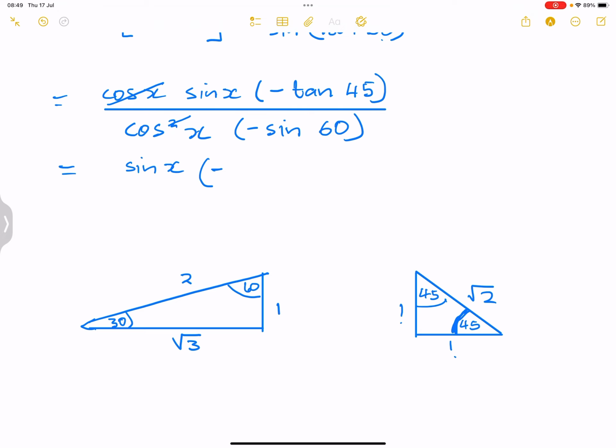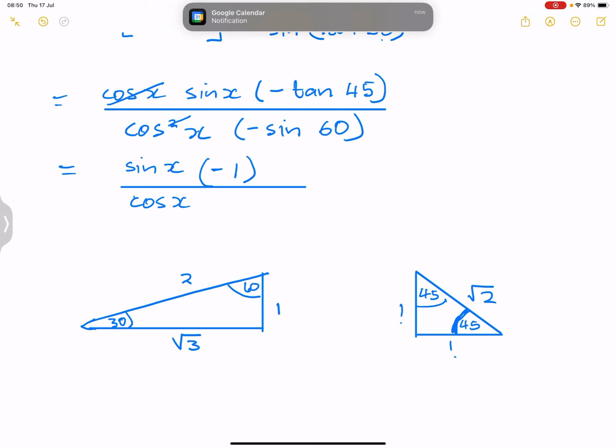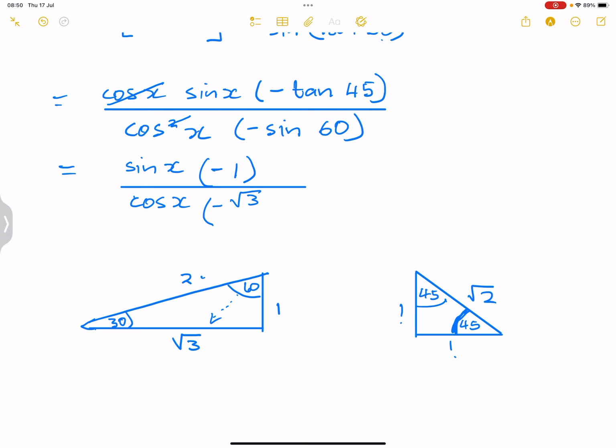So that's going to be 1. All right? Divided by sine of 60. Okay, so remember we still have cos left there. Negative sine of 60. Sine by the way is opposite over hypotenuse, right? So that is opposite over my hypotenuse, in this case that's 2. So this is going to be root 3 over 2. So that's minus root 3 over 2.